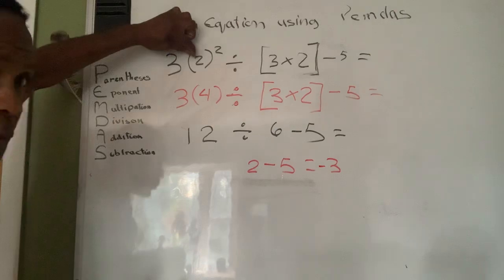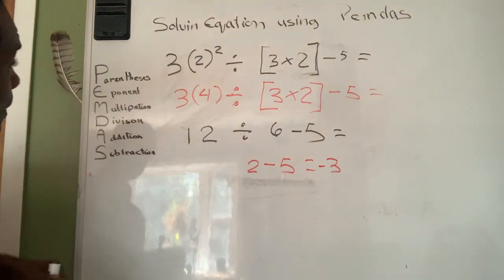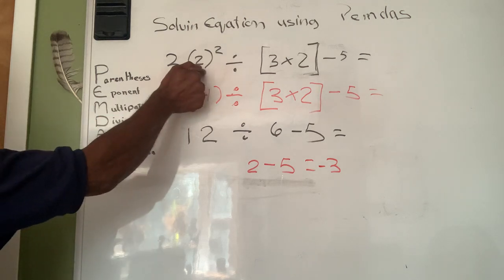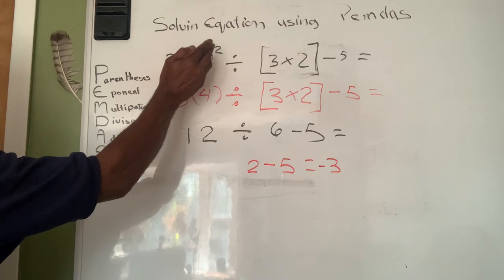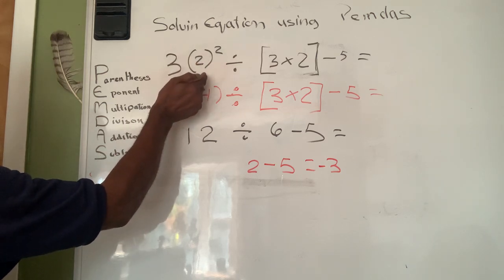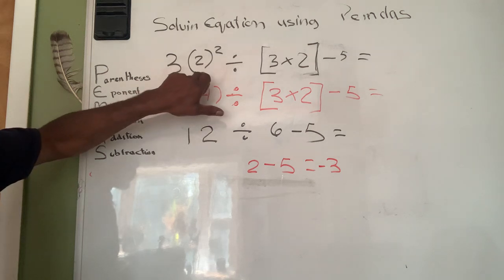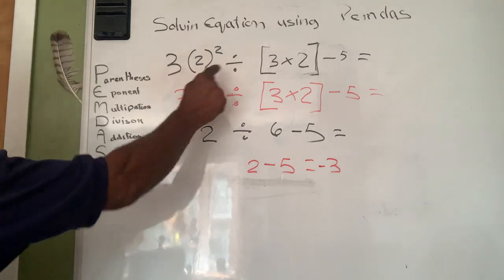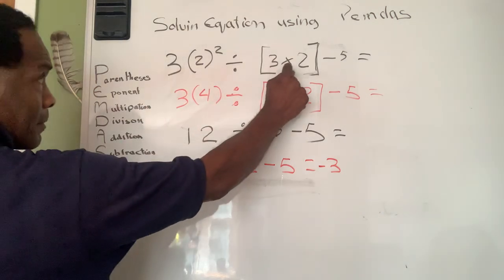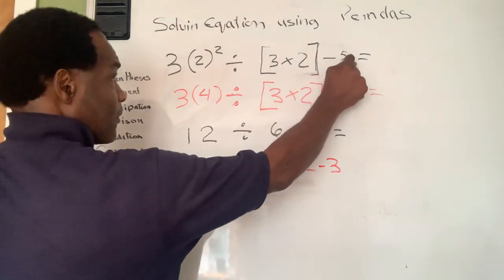This 2 here is an exponent, but it's in brackets, because eventually we're going to be changing this 2 into a complete number. So far you have 3 times the bracketed 2 to an exponent, divided by 3 times 2 minus 5.